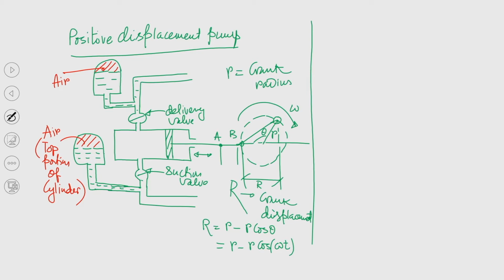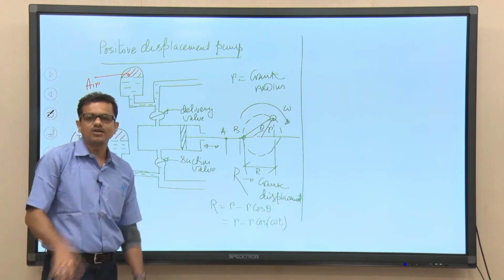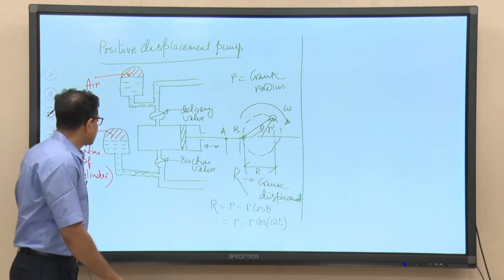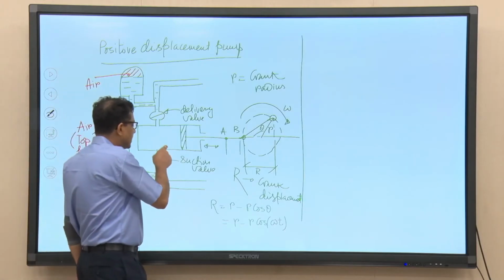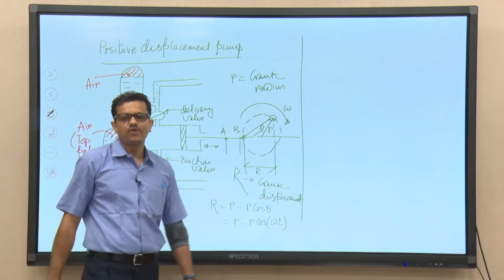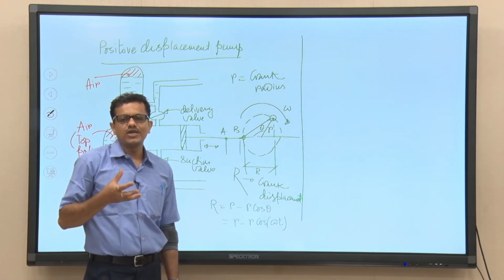Our discussion today is to first identify the requirement of the air chamber and then find out the reason behind it. When the piston is about to start its journey at the beginning of the suction stroke, the pressure inside the cylinder will fall, and that is the reason liquid moves from the suction tank into the cylinder.